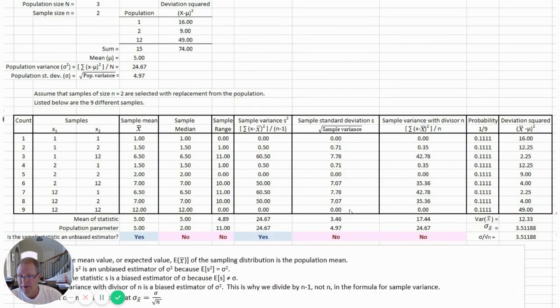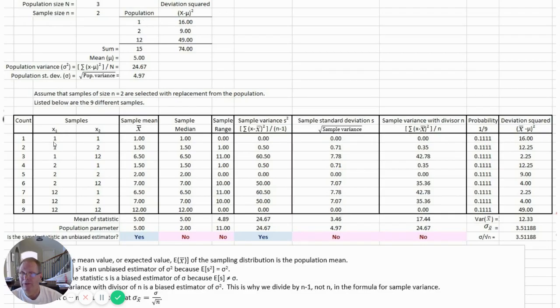But I do want to take a little bit of time and explain this spreadsheet right here. I created a sampling distribution of different statistics from a very small population. My population is these numbers up here in the upper left-hand corner. It consists of the numbers 1, 2, and 12. It is certainly not a symmetric distribution, but it consists of only those 3 numbers.